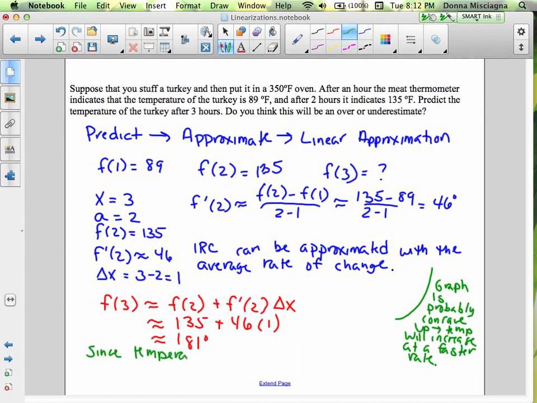So since temperature, and as long as I justify it, I don't have a whole lot of information to go on here. So since temperature will probably, I feel pretty comfortable saying that, continue to increase at a faster rate, because temperature change actually is not linear.